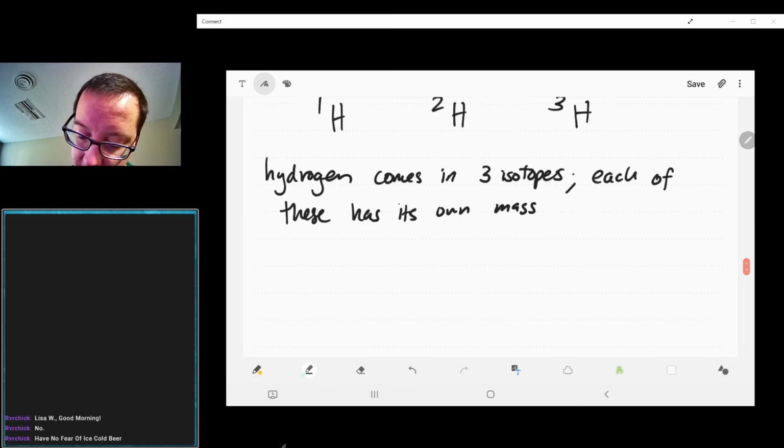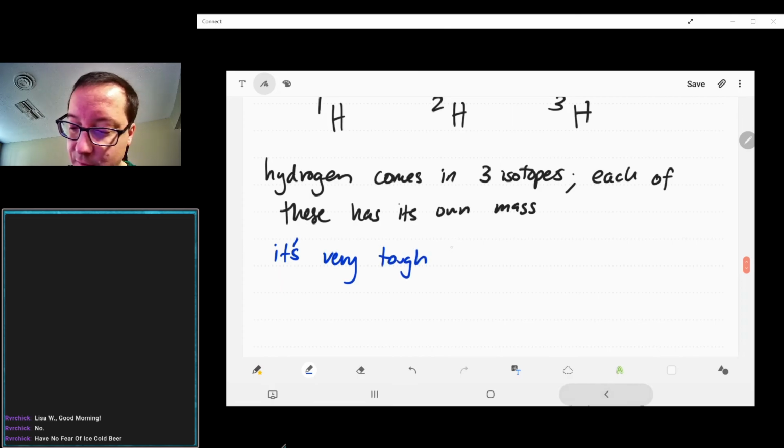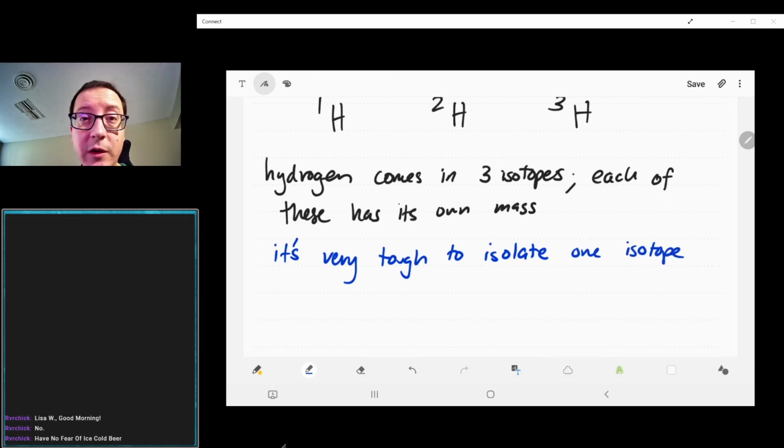However, it is kind of tough to isolate one isotope. And so we're going to apply statistics to this problem of having hydrogen that has all these different masses.